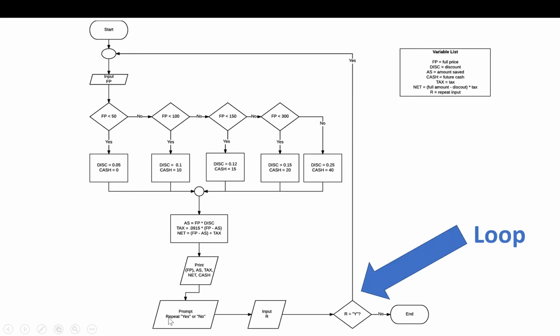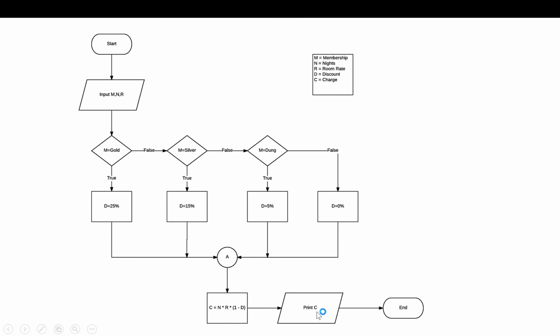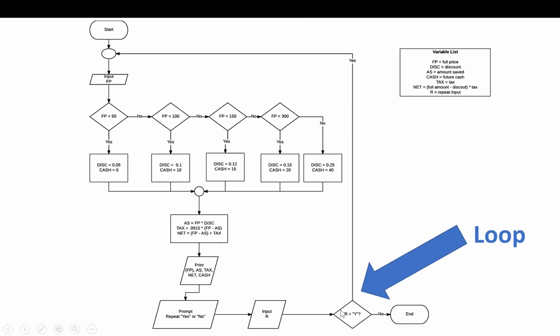So right after the print, you include this one: prompt repeat yes or no, and then input. If repeat is yes, then go back to the beginning with a connector, and so on. If it is not, then end. So basically it should be very straightforward.